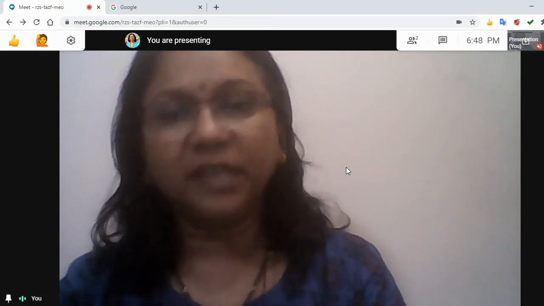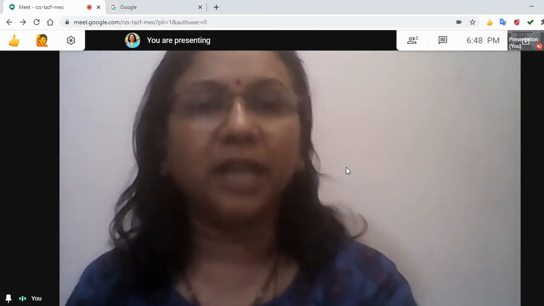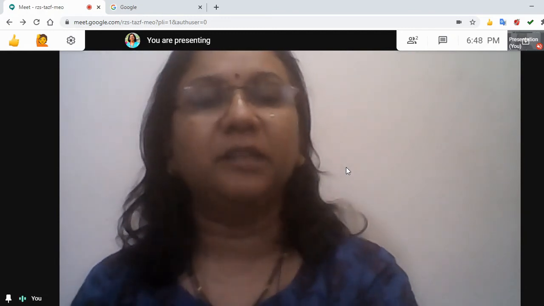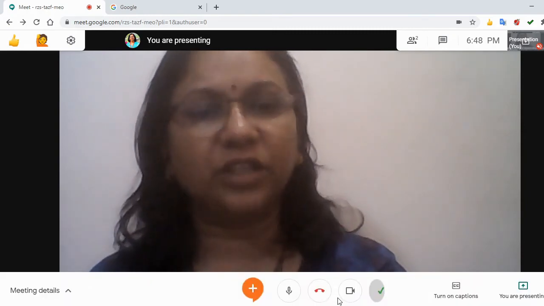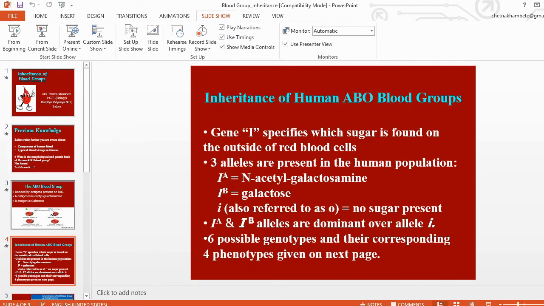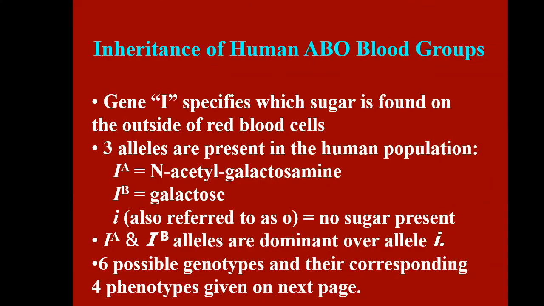To understand the presence of these antigens on the RBC, we have to understand the mechanism of inheritance. So beta, we know that each and every character has a gene by which the genes transfer the characters from generation to generation, and we know that each gene is present in one or more types of alleles.